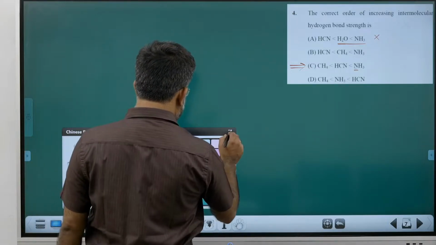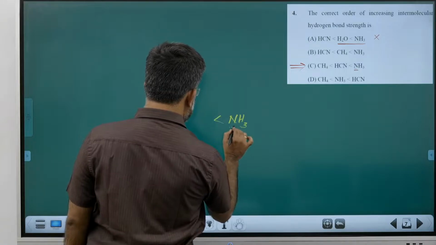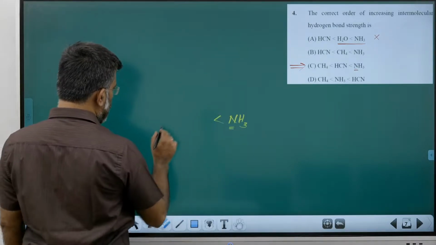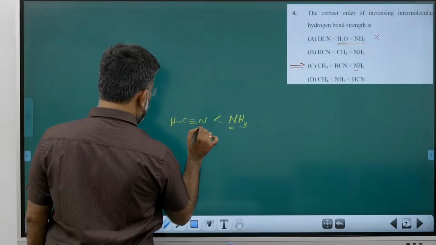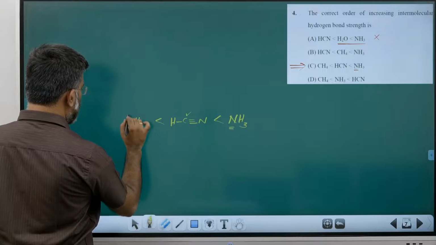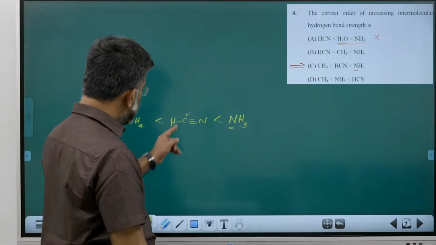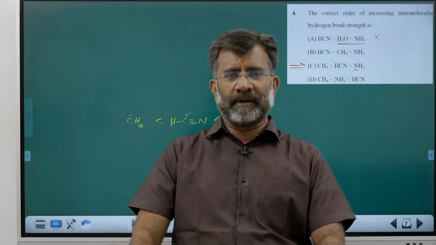When you take nitrogen, ammonia, that is maximum because nitrogen is highly electronegative. When you look at the next one, it is HCN, this carbon, and the next one CH4, this carbon. This is sp carbon. sp carbon is relatively more electronegative.